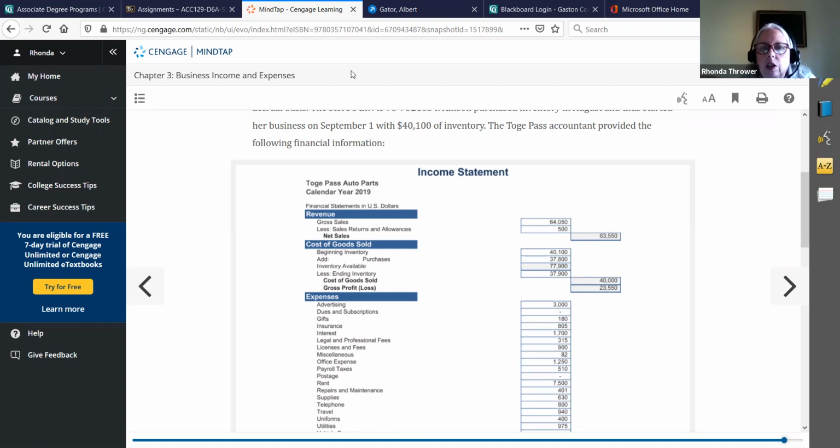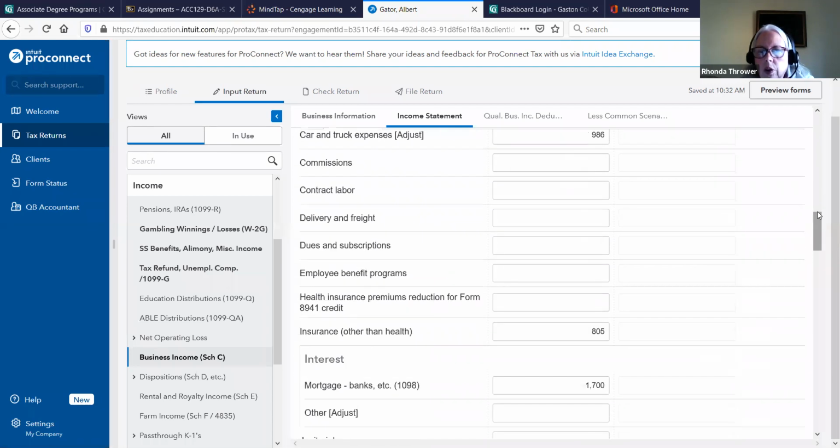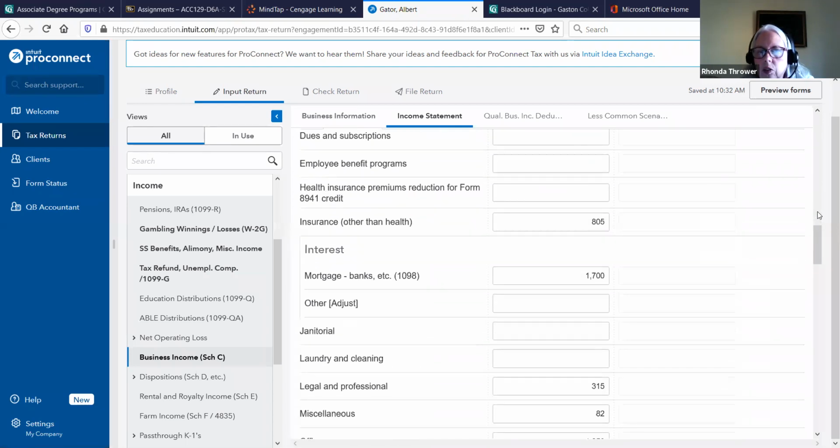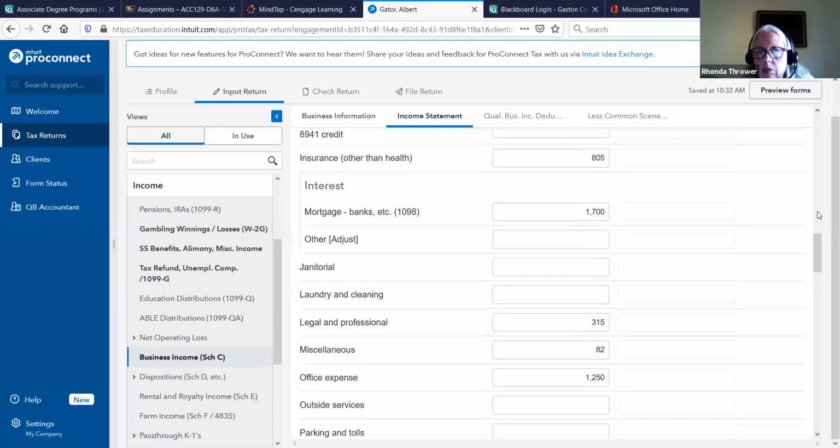So let's take a look at the Schedule C that they've got listed here. Notice they don't have anything right now for those expenses, but we are going to come back to them and figure them in the blank line where that belongs.